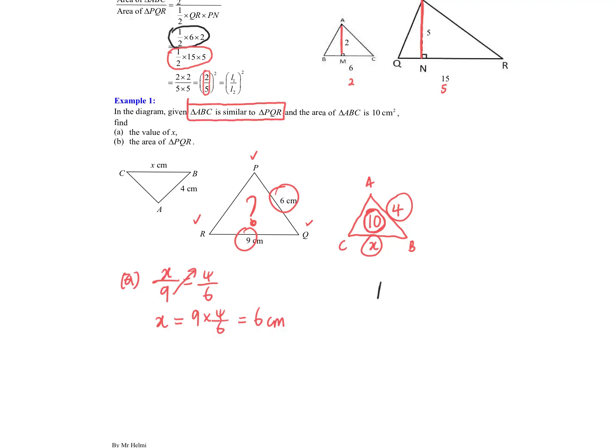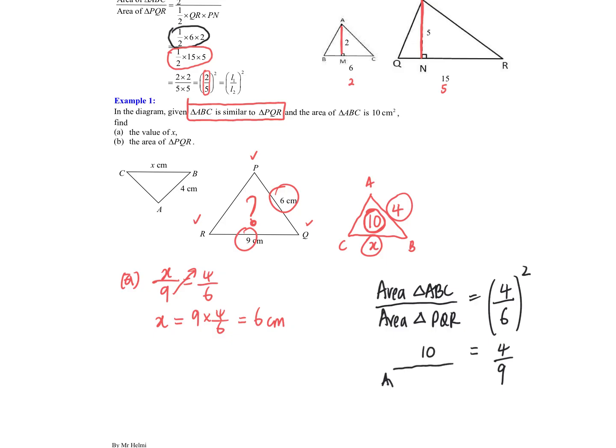I was told that the area of ABC to the area of PQR, I just have to square the ratio of one of their sides. The ratio of one of their sides is 4:6, so squared it is 4 over 9. This is what I know: triangle ABC is 10. All I need to find is the area of triangle PQR.